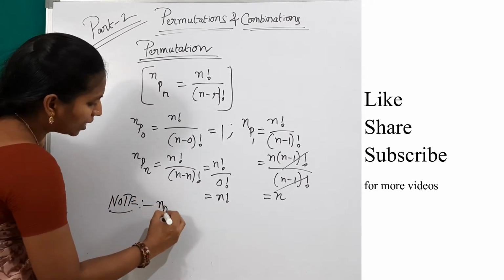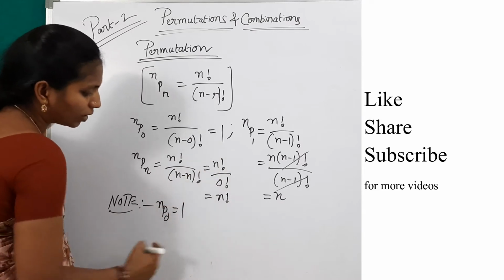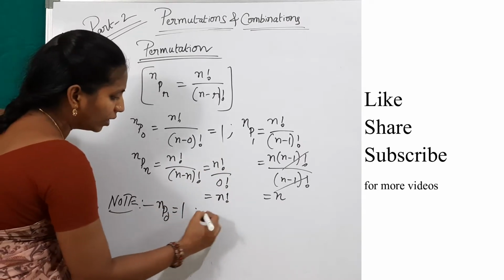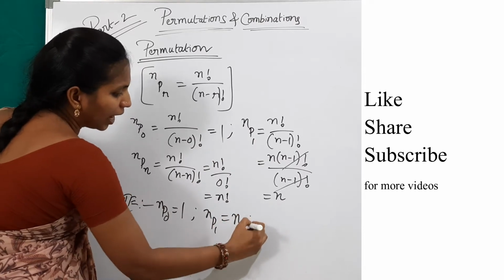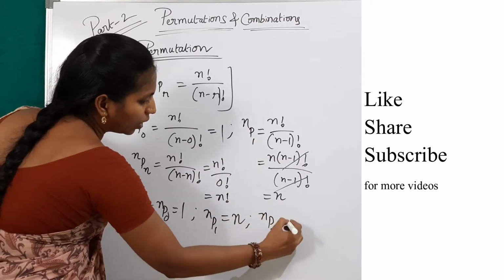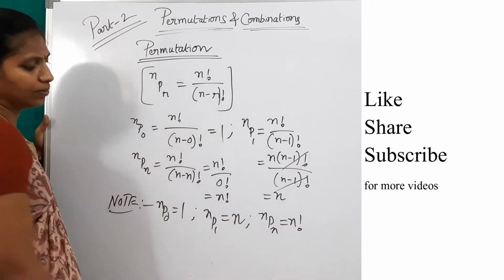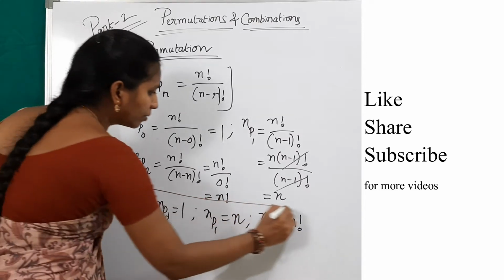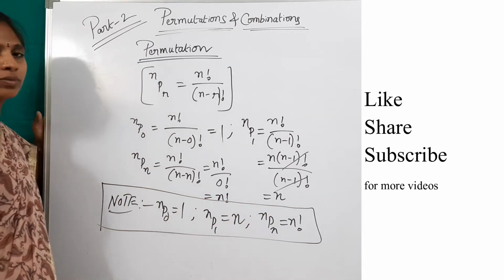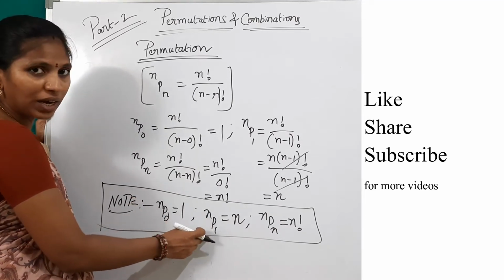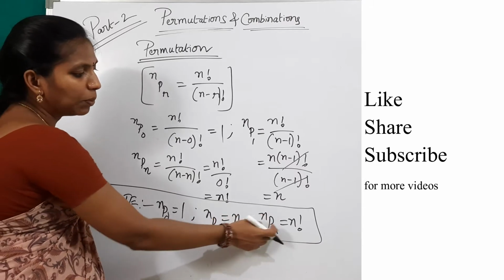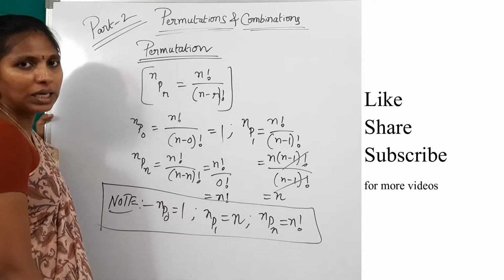Here nP0 equal to 1, nP1 equal to n, and nPn equal to n factorial. This is very important.